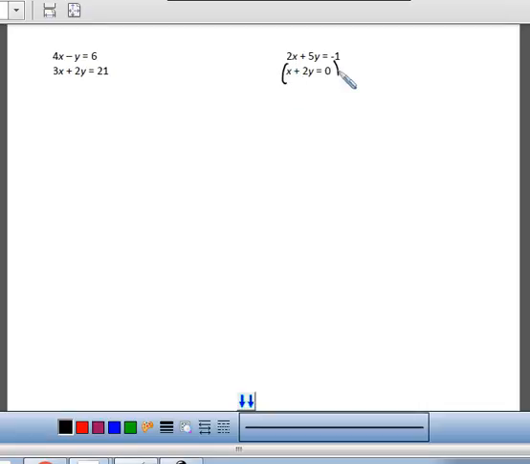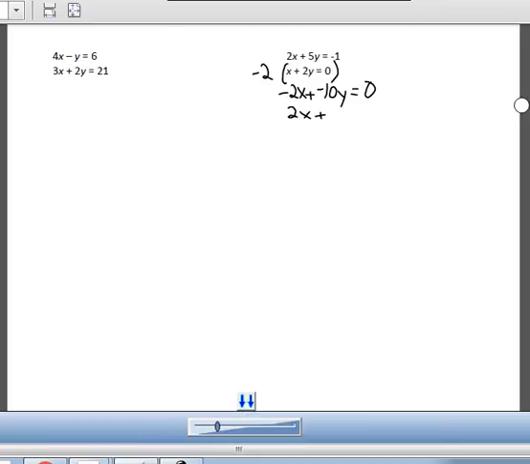If I multiply the entire bottom equation by negative 2, I get negative 2x plus negative 10y equals 0, because negative 2 times 0 is 0. Alright, I'm going to rewrite that top equation, 2x plus, oh wait, I messed this all up, didn't I?